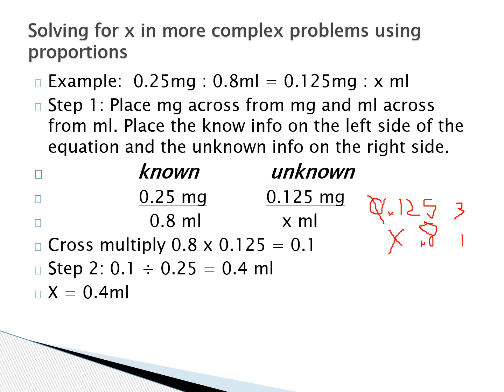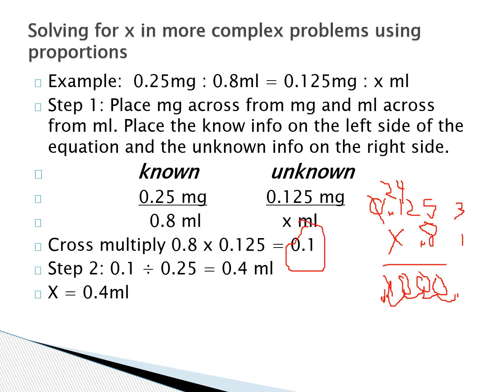So when I do the multiplication, 8 times 5 is 40. 8 times 2 is 16, plus 4 is 20, and 8 times 1 is 8, plus 2 is 10. So I have to move 4 place values over, because 3 plus 1 is 4. So 1, 2, 3, 4. 0.1, right there, 0.1.